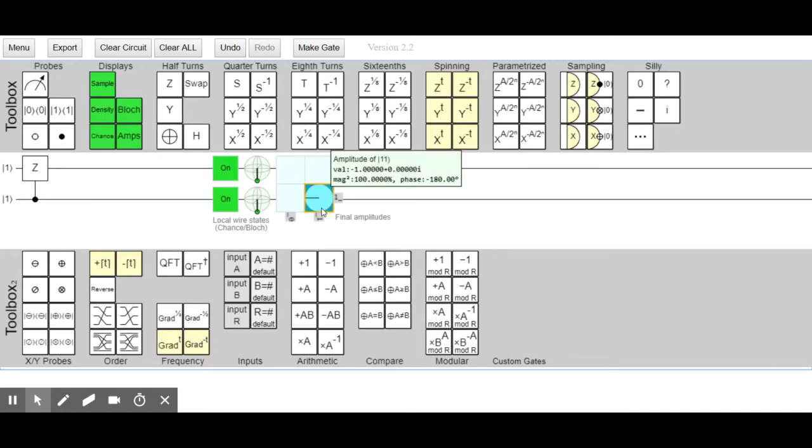Because if you think in terms of the z-axis of the Bloch sphere, pay attention that in both cases we've got pointing down. So this is the condition the control Z needs, right?